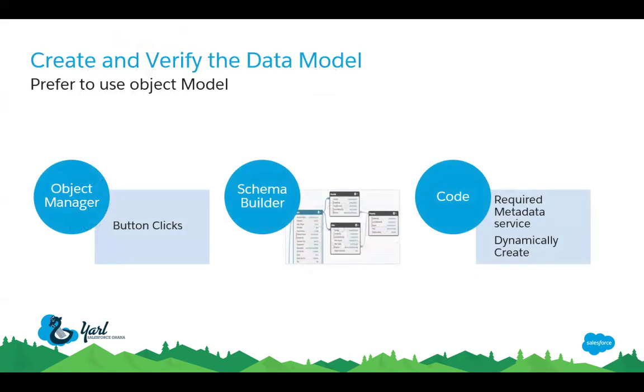So while you are creating your object, you can create the object from your object manager. In schema builder also you can create. It's similar. In schema builder you can create, and you can also create it from code, but just keep that aside. You guys don't need it for the time being from a basic perspective.